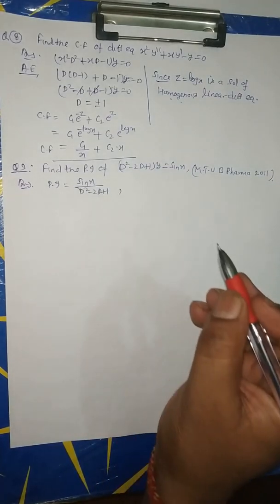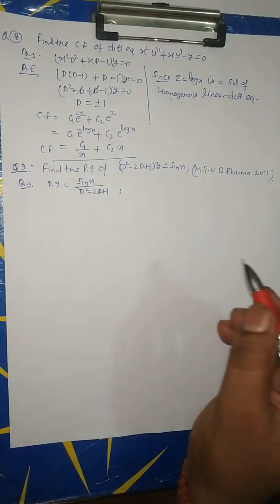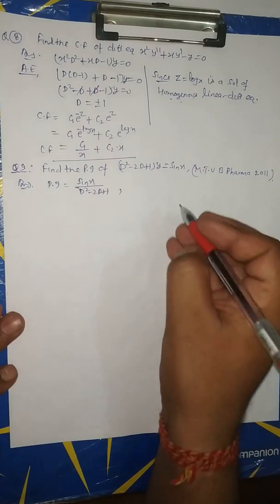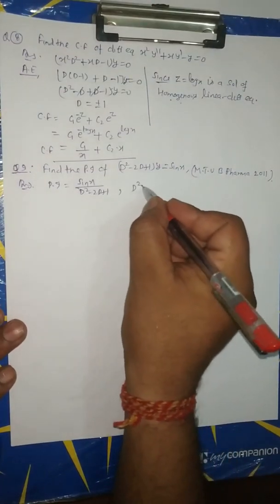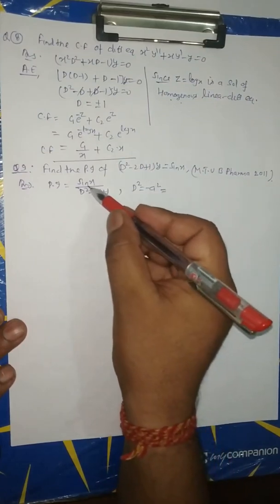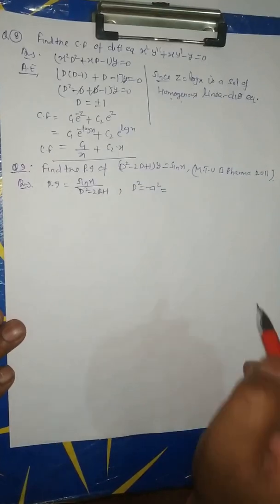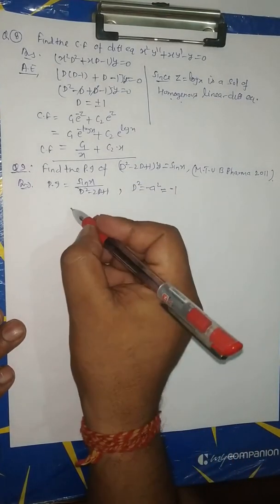We know that for the PI of sin ax or cos ax, D square equal to minus a square, where a is equal to 1. So D square is minus 1 square, that is minus 1.